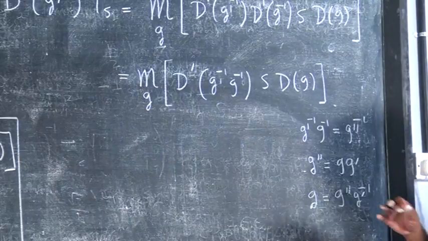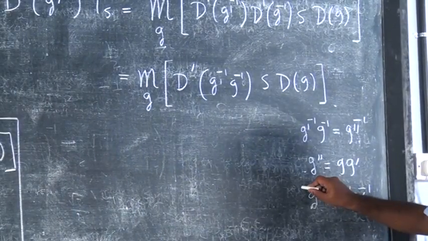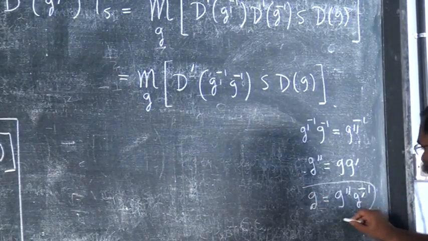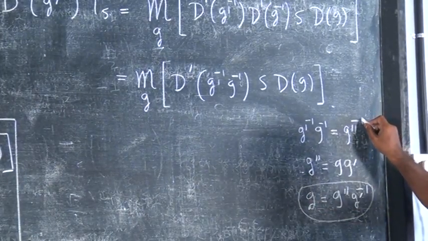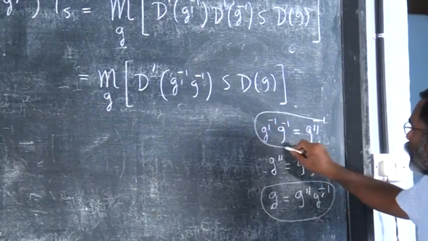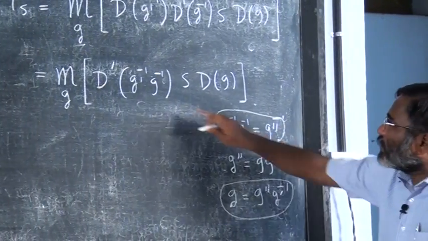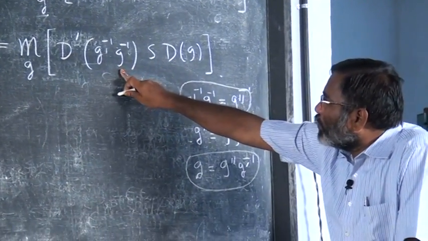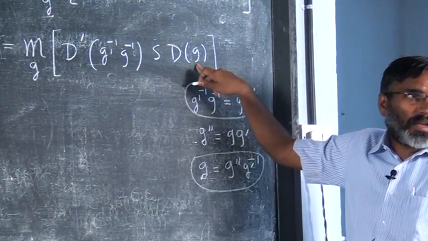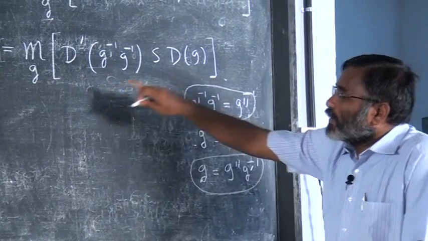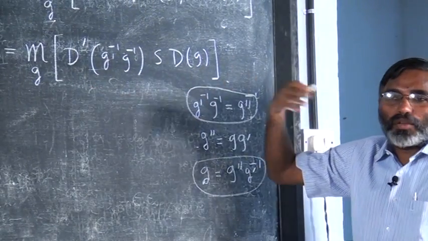You will realize why I am doing all this. So I am going to put these for the arguments: here I am going to put g double prime, here g double prime g prime inverse, and the mean is over all the group elements.